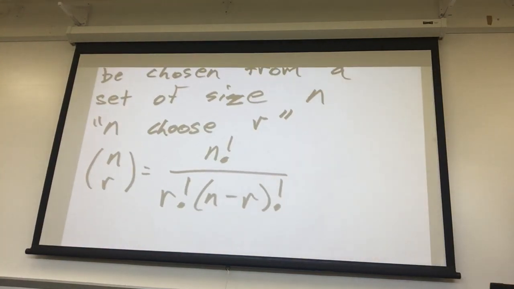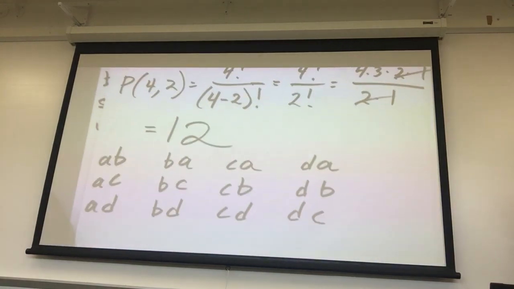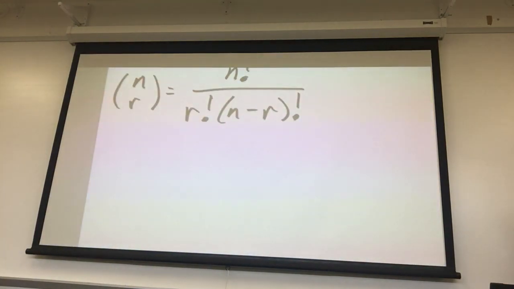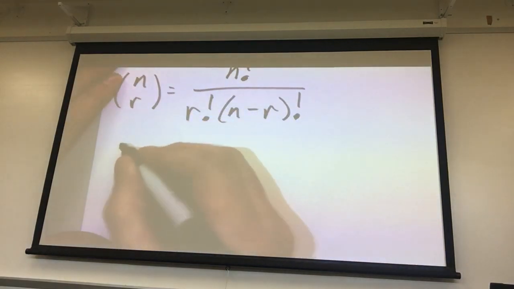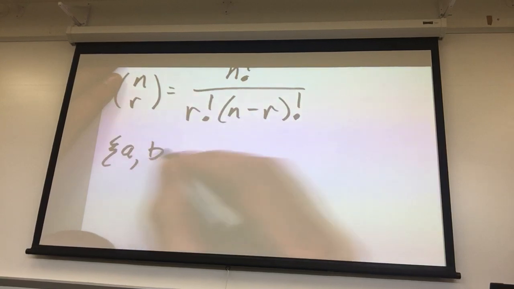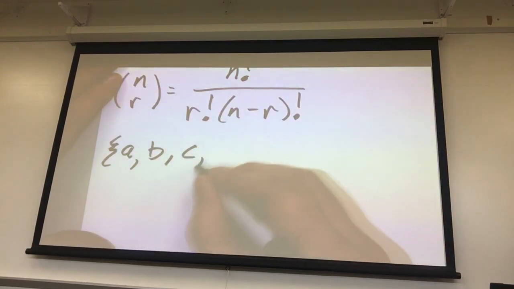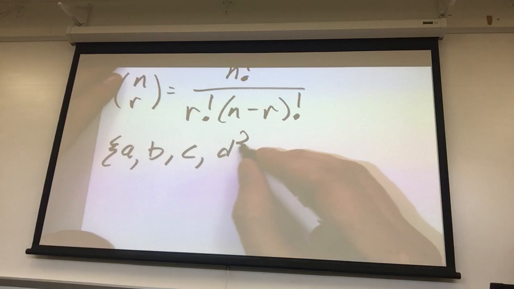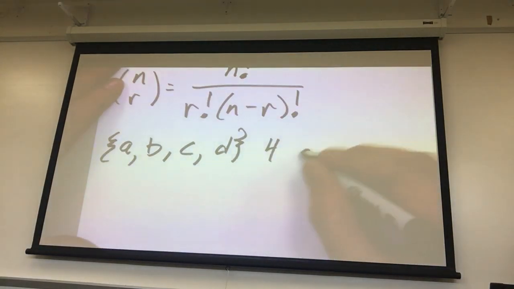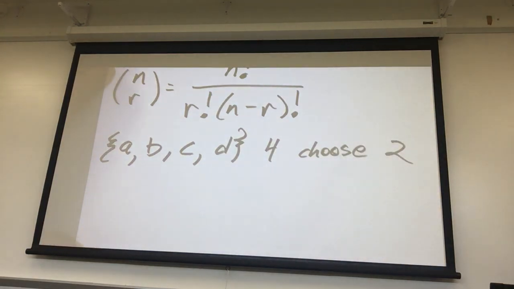When I did the possibility of all second order permutations of this set right here, let's have a look at four choose two.